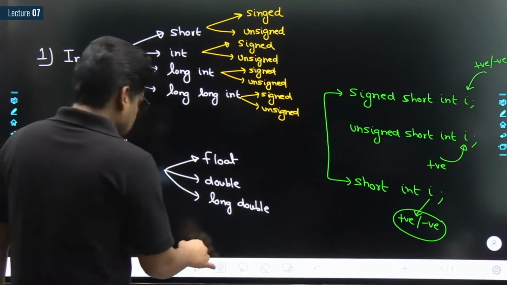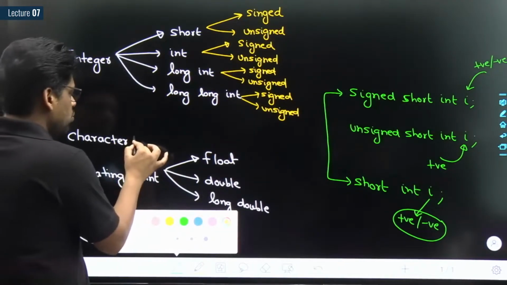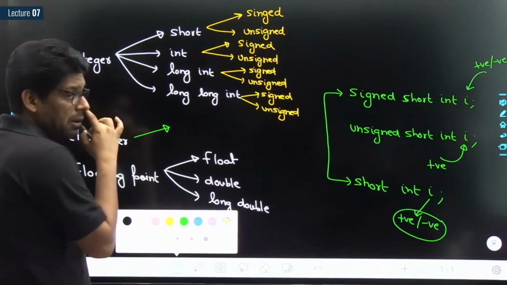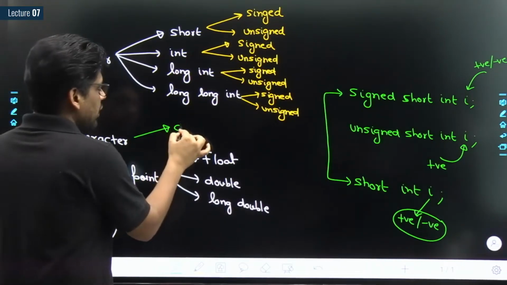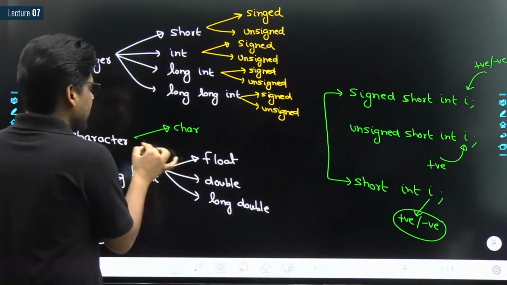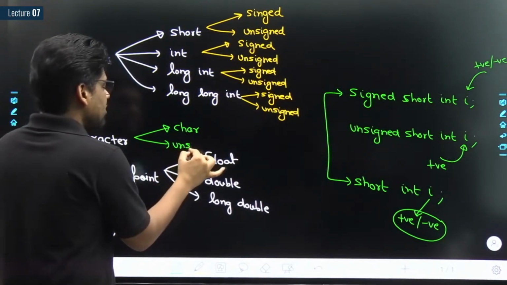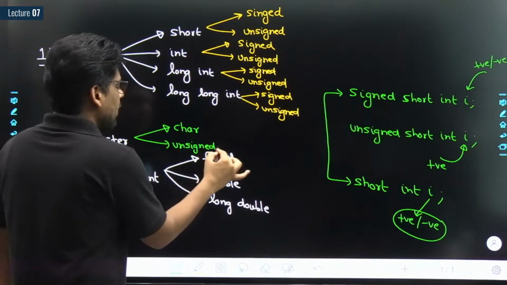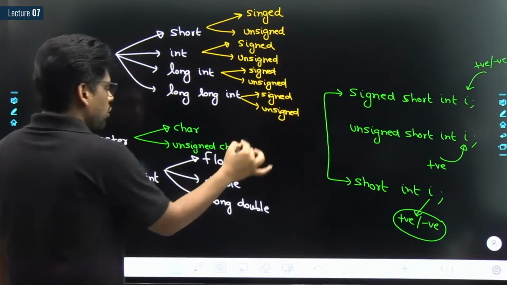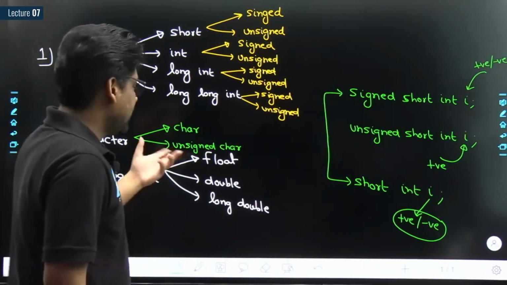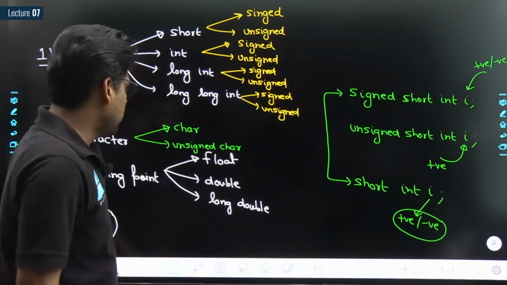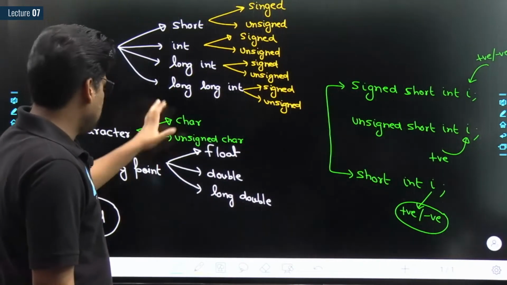Character is used to hold symbols, but internally what it stores is an integer. So we have character as well as unsigned character. We will talk about it later. Similarly, we have float.